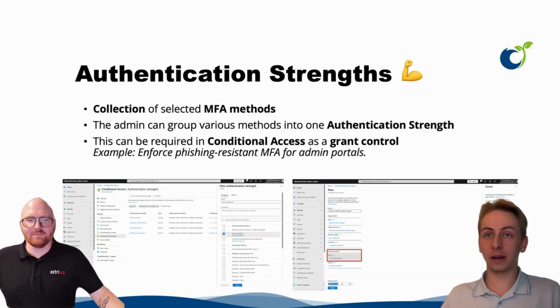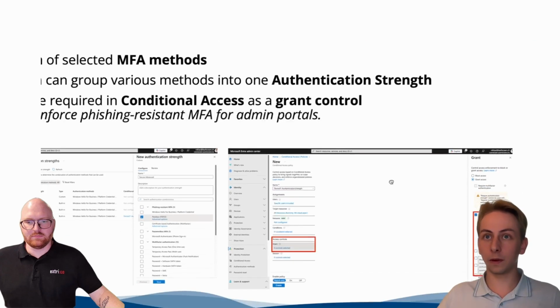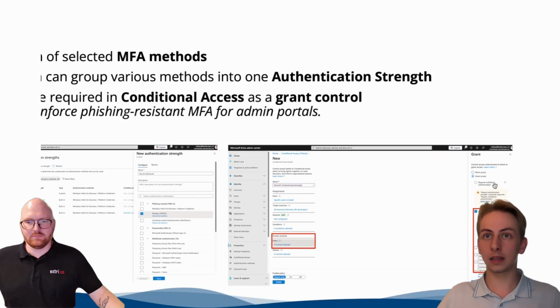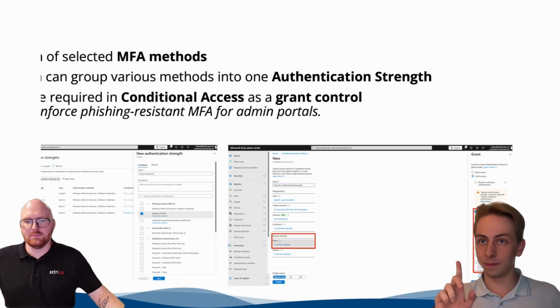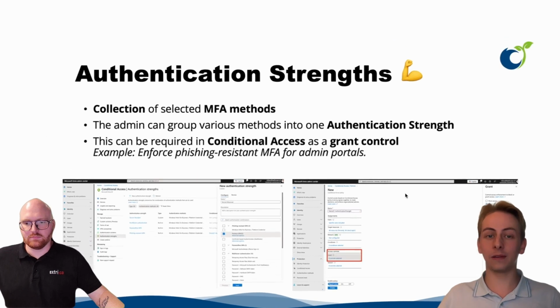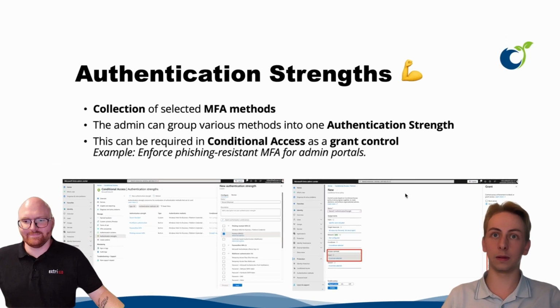Yeah, when already talking about conditional access, we should highlight authentication strengths. Previously in conditional access, we used to enforce multi-factor authentication as a grant condition. Now that's obviously a good thing, you might think, because it's multi-factor authentication, it's secure. Use authentication strengths whenever possible.